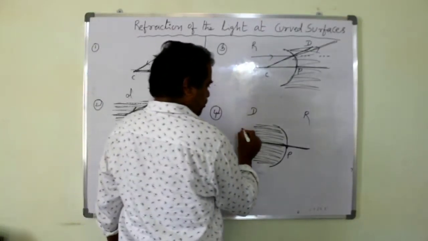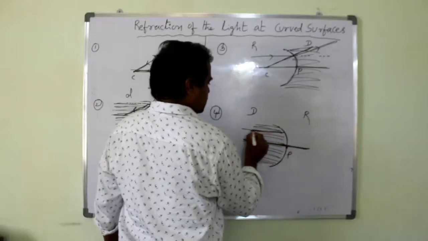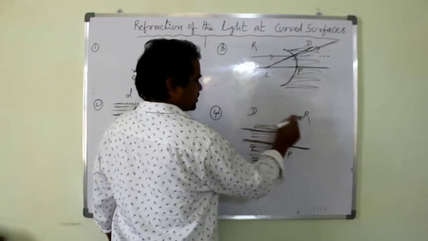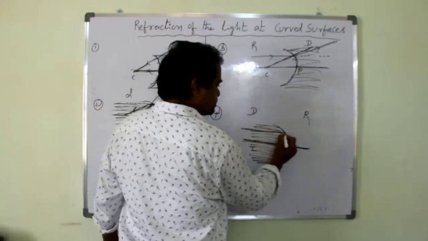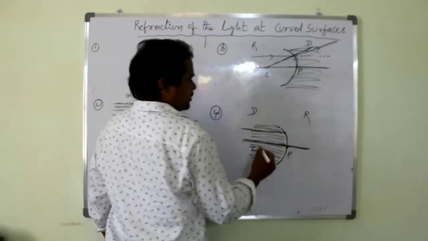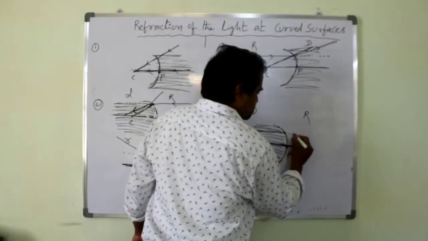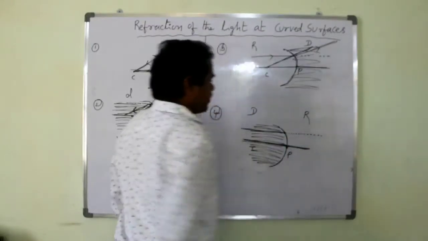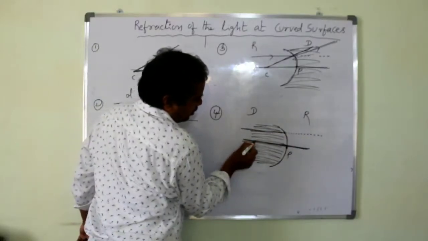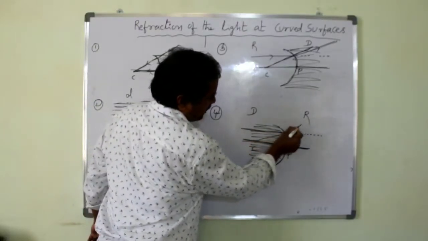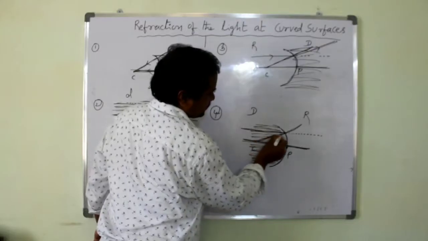Again, you draw one light ray which travels from denser to rarer medium and also parallel to the principal axis. Draw the original direction of this light ray in the dotted form, and also immediately you have to draw one normal to this point of contact.